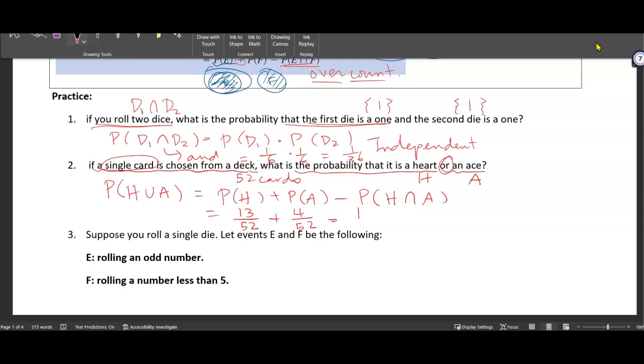That's one card that we counted 2 times that we need to subtract. So 13 plus 4, already the same denominator, is 17, and then subtract 1. That is 16 out of 52.